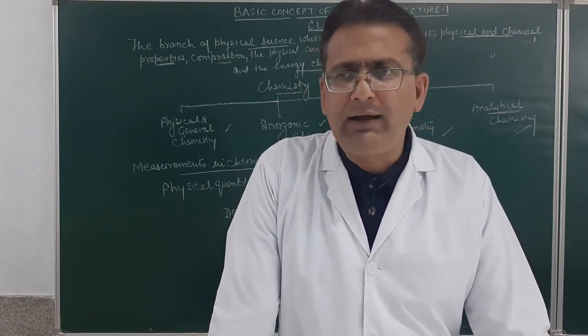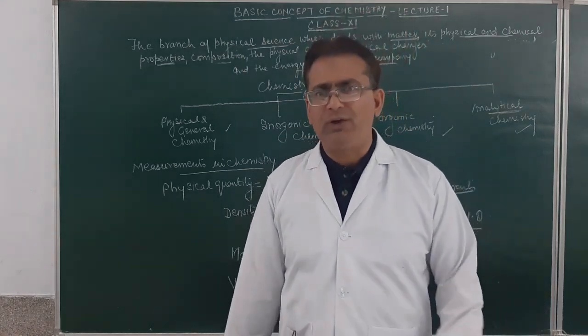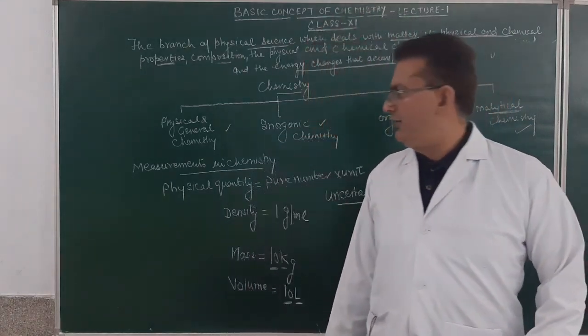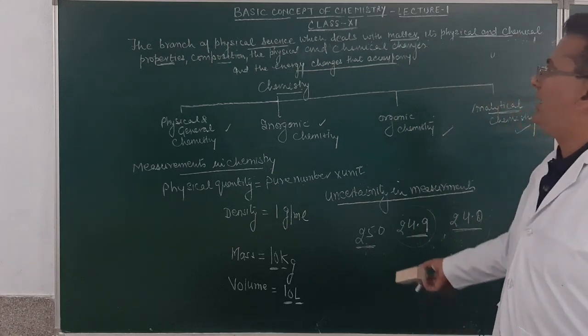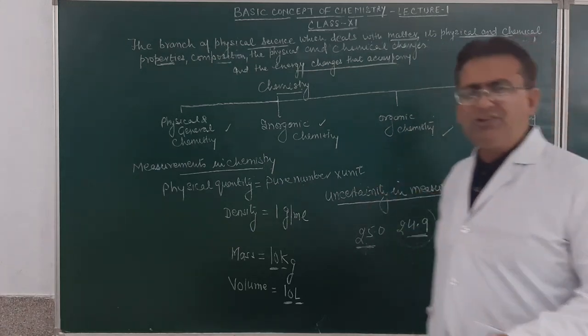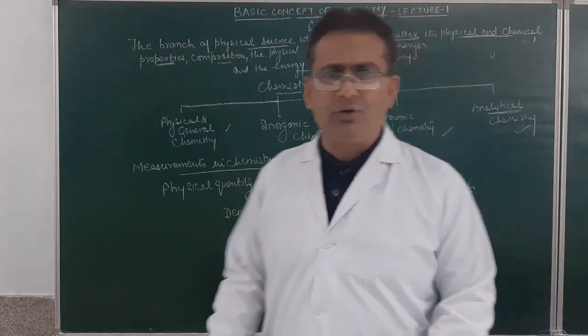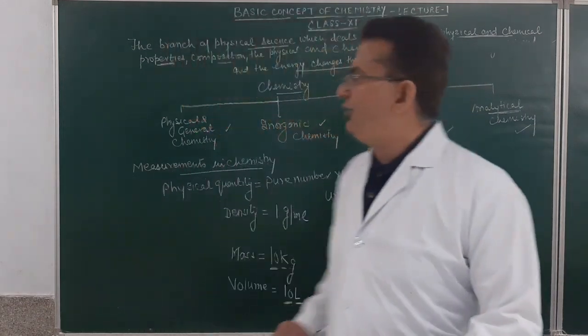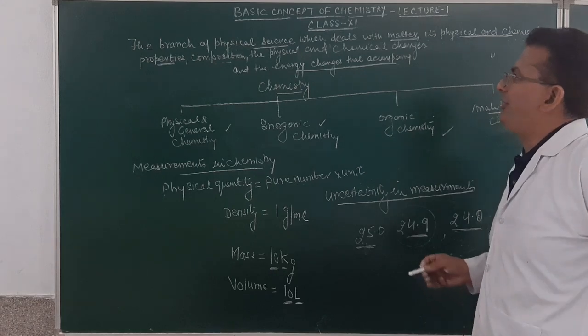Now, students, I will be teaching you the significant figures. But before starting the discussion, let me recapitulate what I have started with you. The first chapter in the syllabus is basic concepts of chemistry. First of all, I gave you the definition of chemistry.